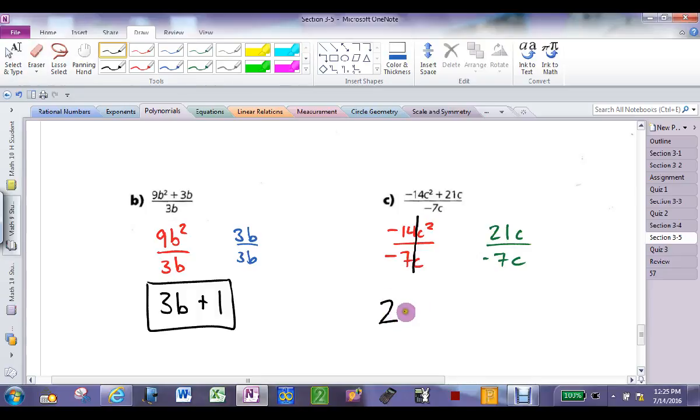C squared and C? C. 21 divided by 7? Negative 3. C over C? Gone. Not 0. 1. So it cancels out.